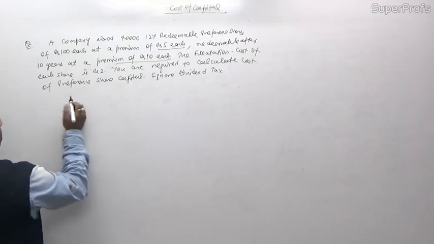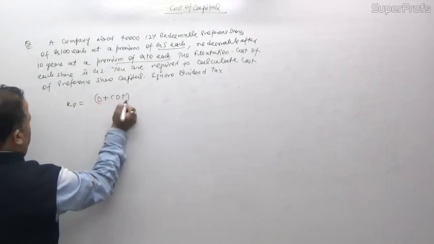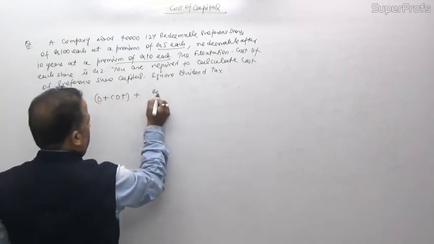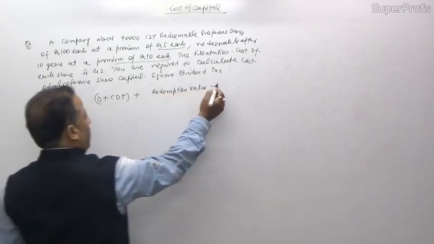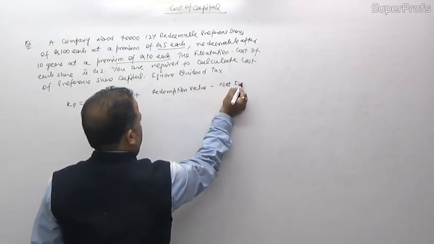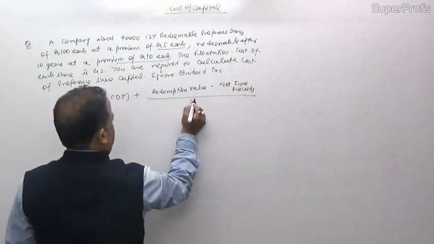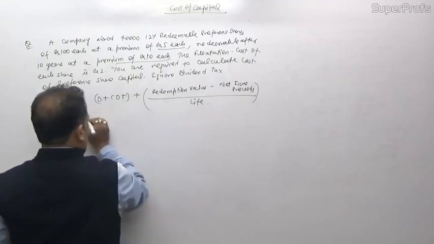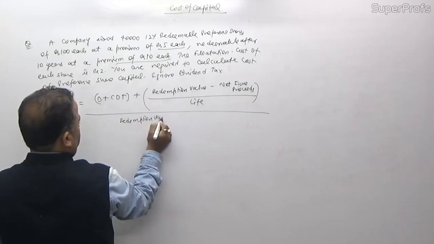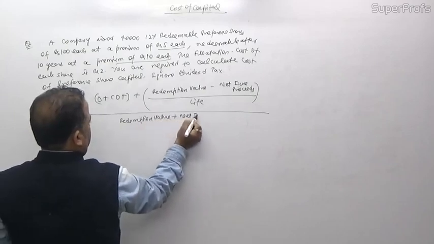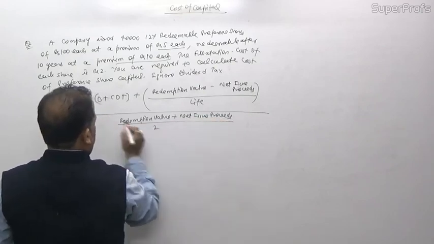So the cost of redeemable preference share is D plus CDD plus redemption value minus net issue proceeds, divided by life, whole divided by redemption value plus net issue proceeds, divided by 2.